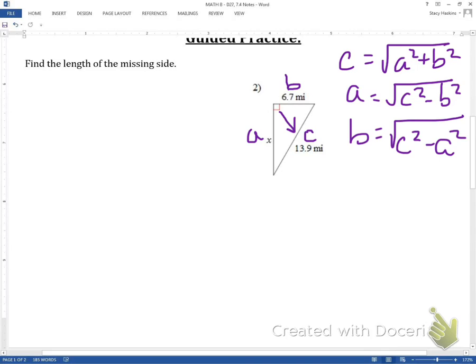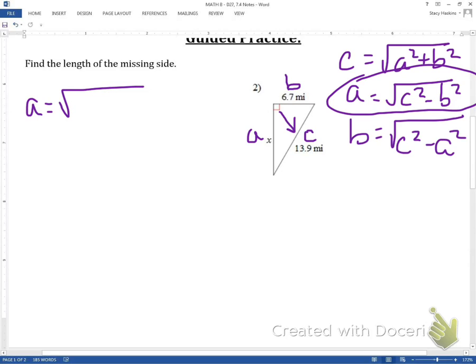So again, I asked myself, well, which side don't I know? Well, because I labeled this A and B where I did, I don't know side A, so actually we're going to use the exact same formula again. Never mind, we'll just go ahead and use the same one. Alright, so if we don't know side A, it is equal to the square root.